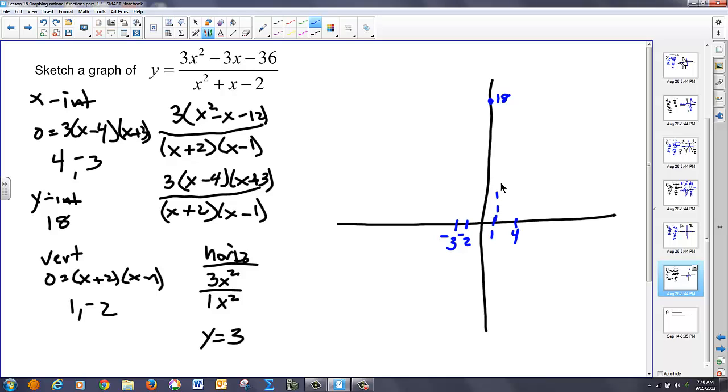Let's throw these guys in here. And then a horizontal asymptote at 3 again.